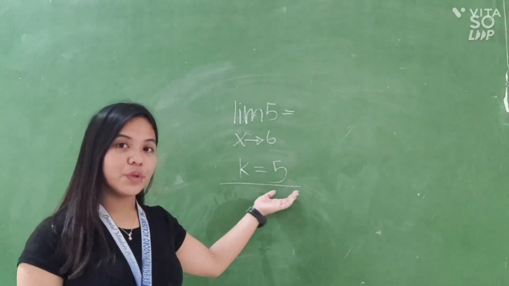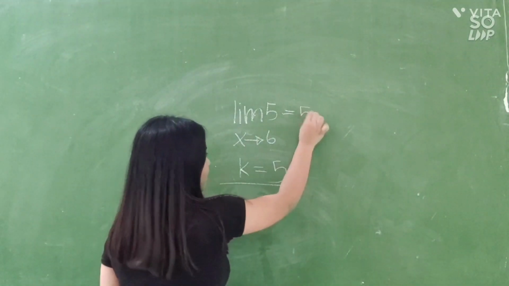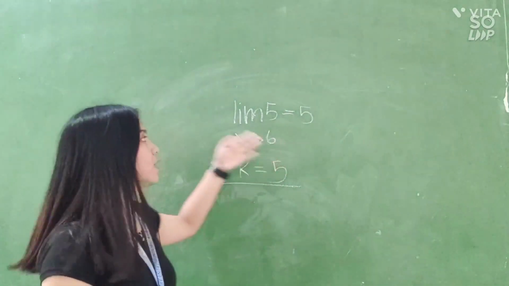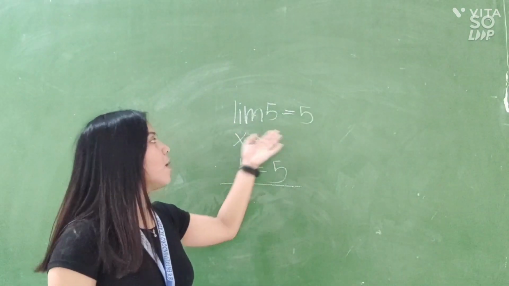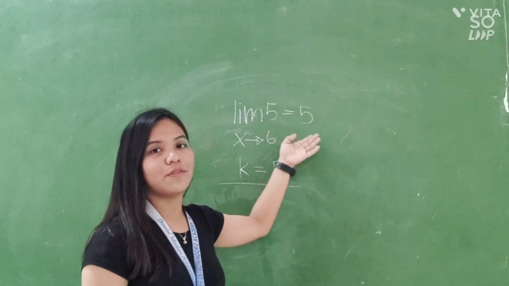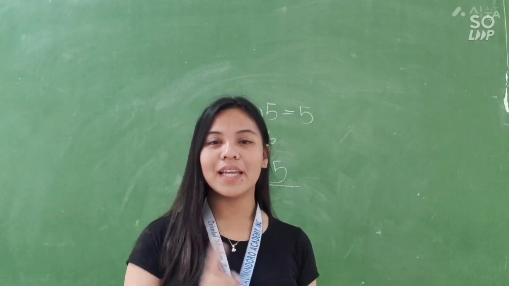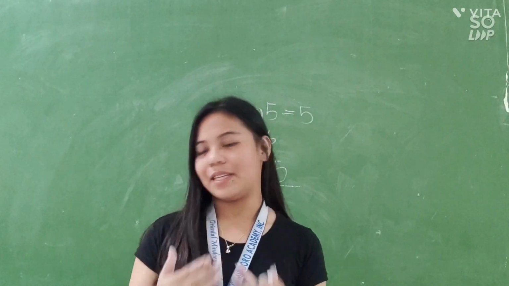With that, using the limit of a constant, 5 is our answer. So, the limit of 5 as x approaches 6 is equal to 5. I hope you get the limit of a constant clearly.